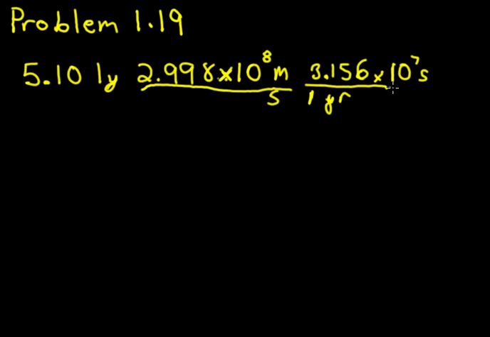By using all those definitions I was given, I have a year canceling a year, a second canceling a second, and I'll be left with meters. So I want to multiply straight across here.